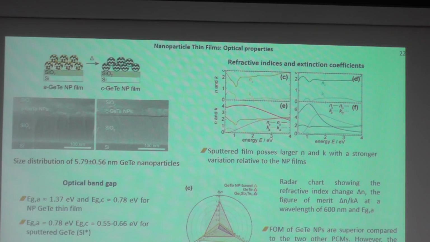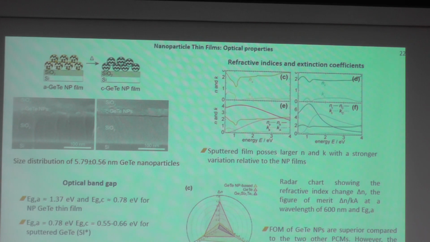Also this thin film shows optical properties with a larger N and K here, and if you look at such a radar chart, it's called the figure of merit. Here we have delta N, which includes N and K and shows the refractive index change, and this is the Eg.